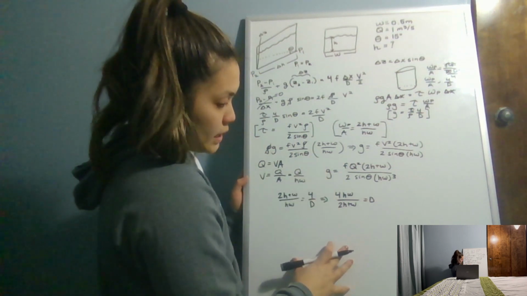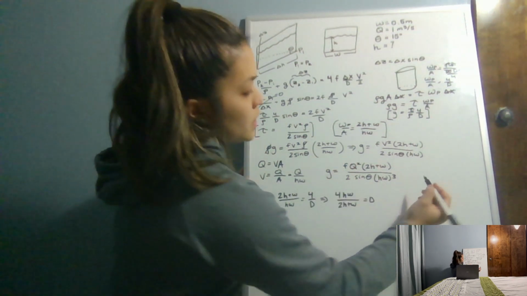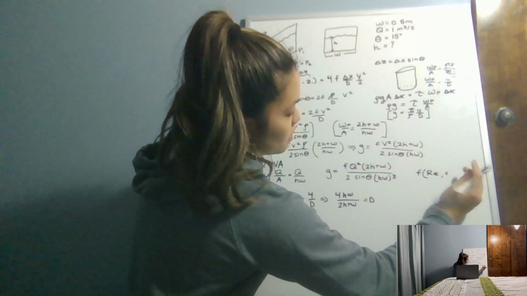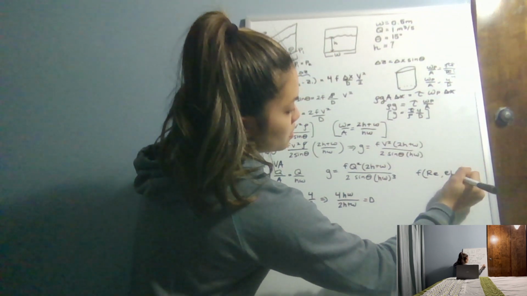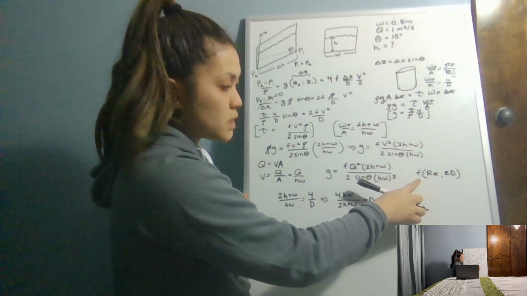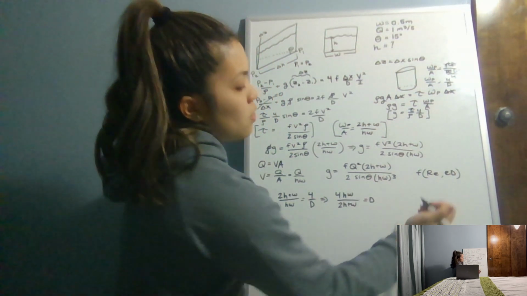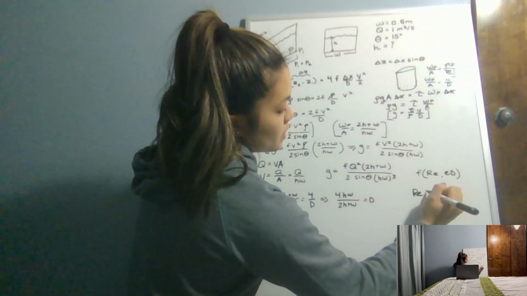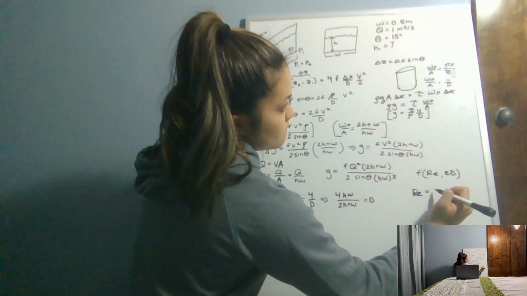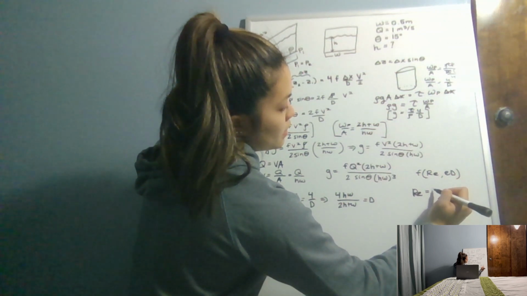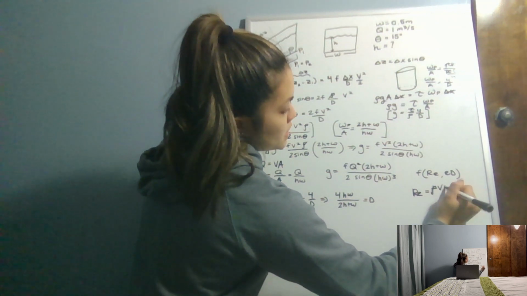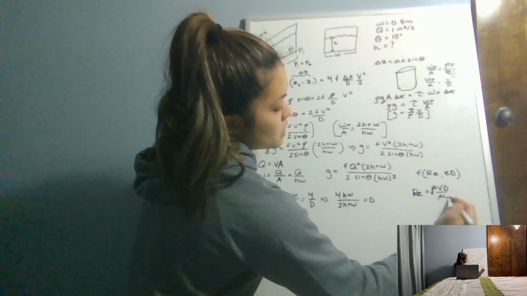Another reason we need to do this is because the friction factor is a function of the Reynolds number and the roughness of the material. This is code that we coded in a previous video. Again, the Reynolds number is the density times the velocity times the diameter divided by the viscosity.